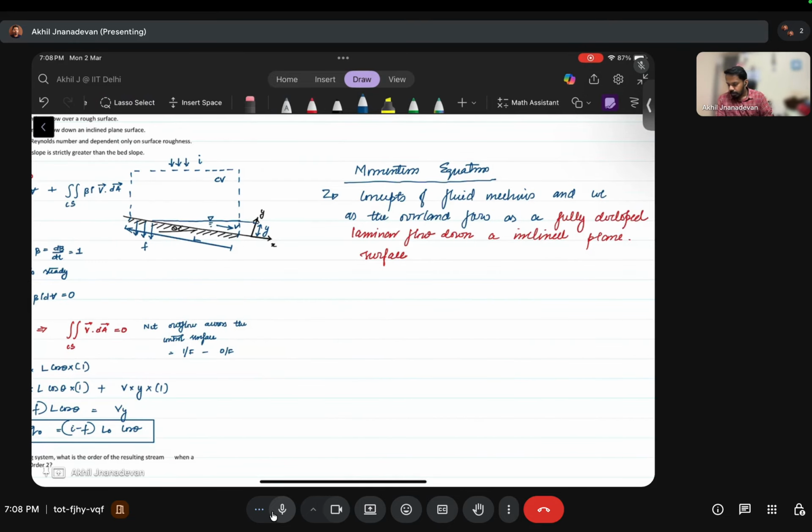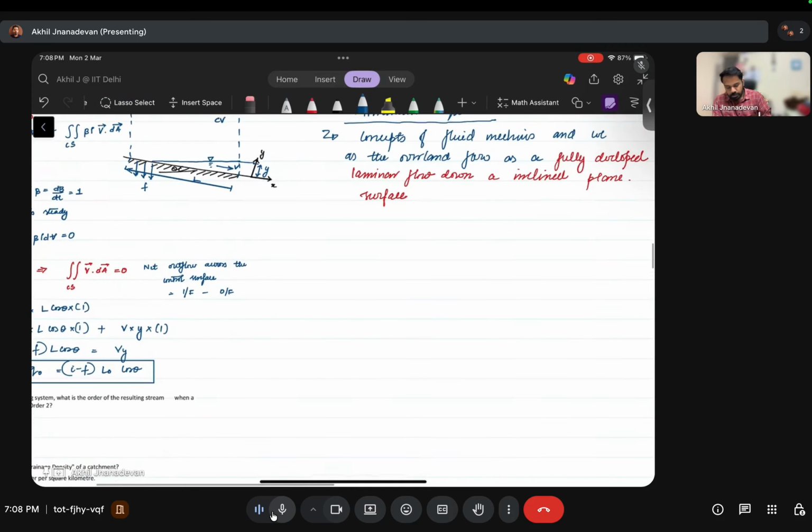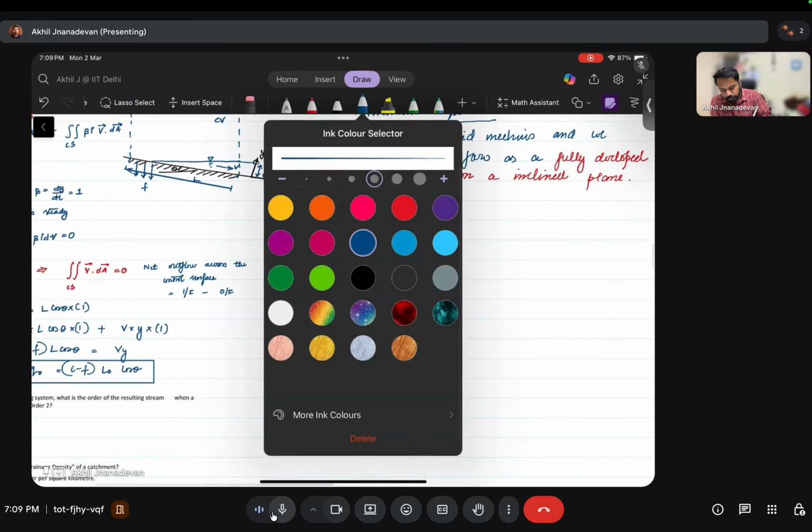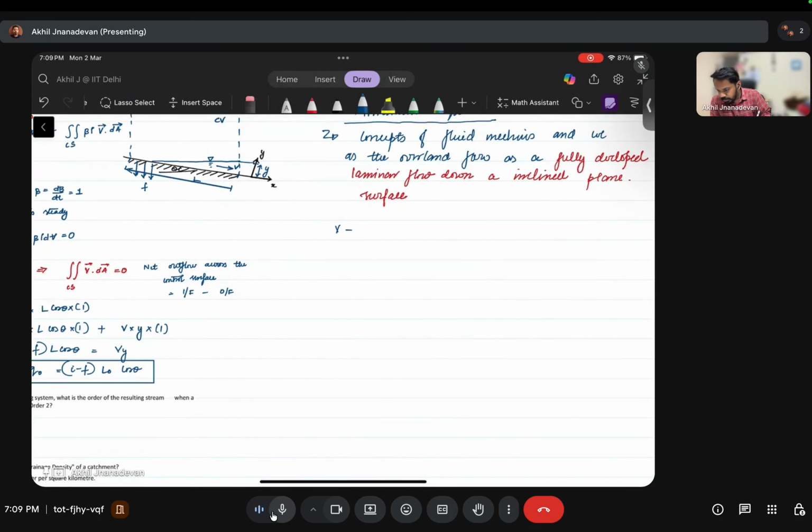And for such cases, for fully developed laminar flow, we have the equation from fluid mechanics. Velocity is given by rho g sin theta y squared by 3 divided by mu, or rho by mu is viscosity, so we can write V is equal to g sin theta y squared by 3 nu, where nu is the kinematic viscosity.